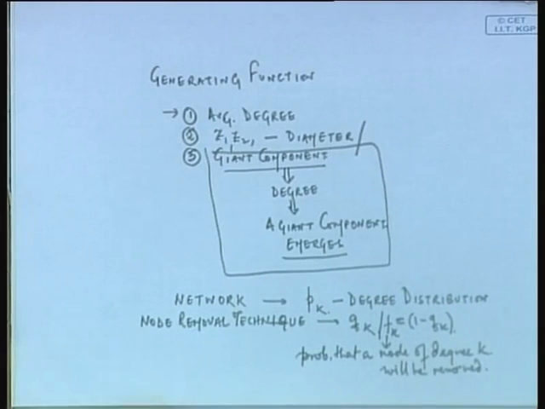Correspondingly, Qk is that after some attack, the probability that a node of degree k has survived. Okay. Fk is the probability it is removed, and Qk is that a node has survived. So, what is the question we are asking?